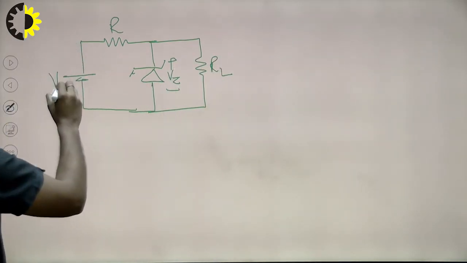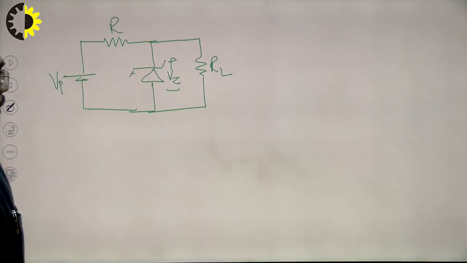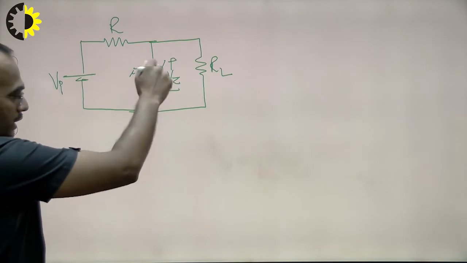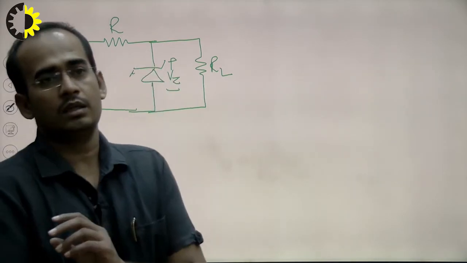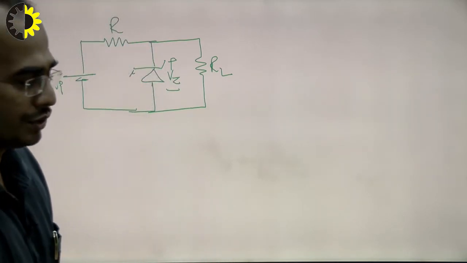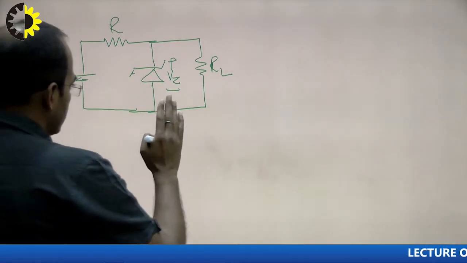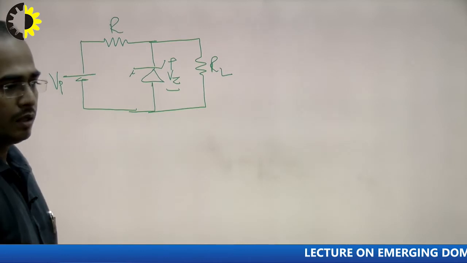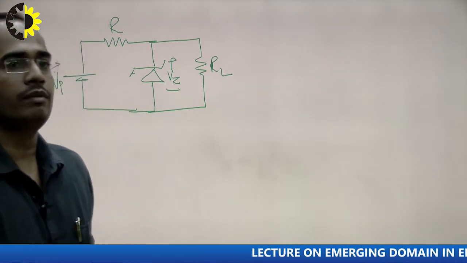For solving the numericals related to the Zener diode, what will I do? First of all, the Zener is connected in reverse bias, or the reverse bias voltage has been applied across the Zener. It is not necessary that if we have applied the reverse bias voltage across the Zener diode, then it will conduct or current will flow through it.